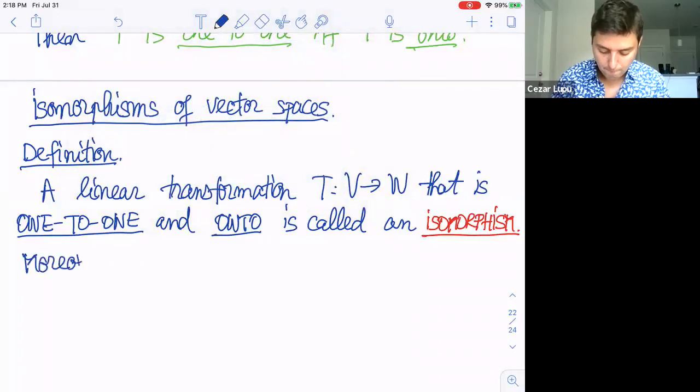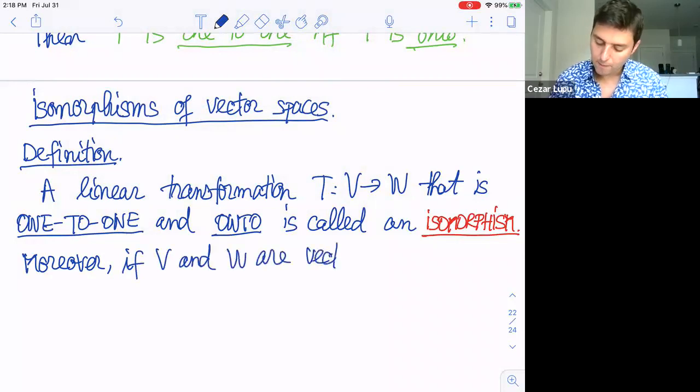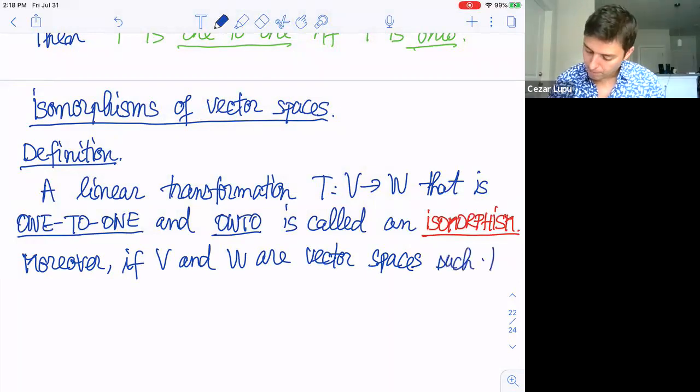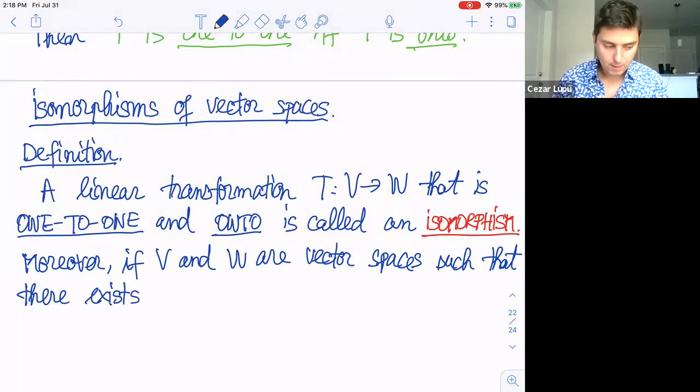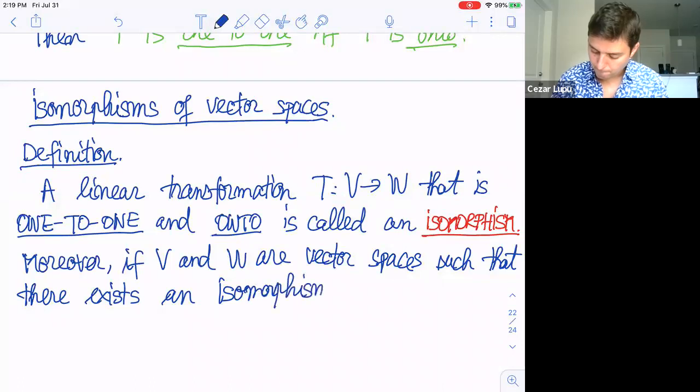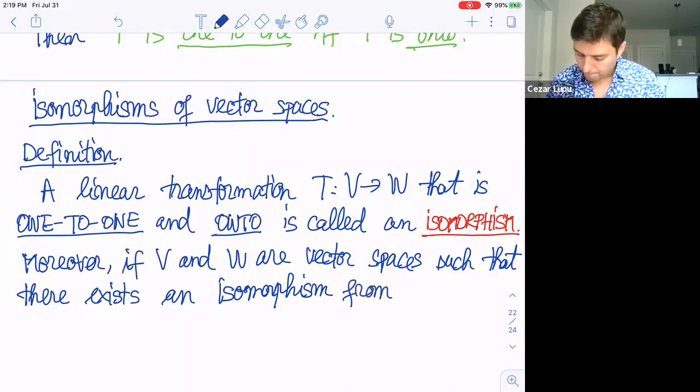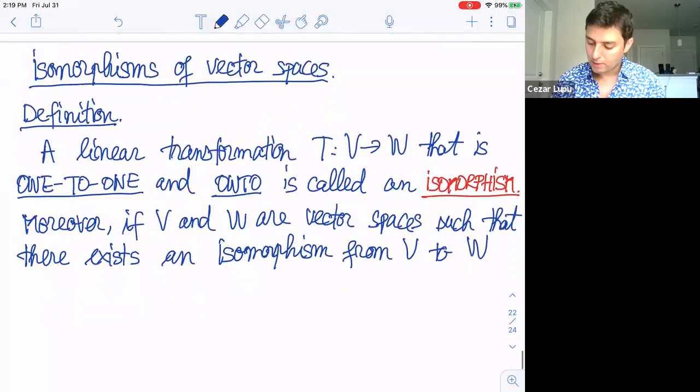Moreover, if V and W are vector spaces such that there exists an isomorphism from V to W, then we say that V and W are isomorphic.